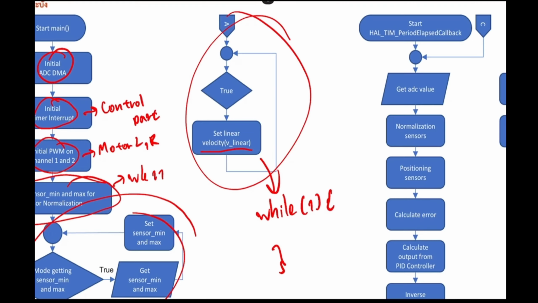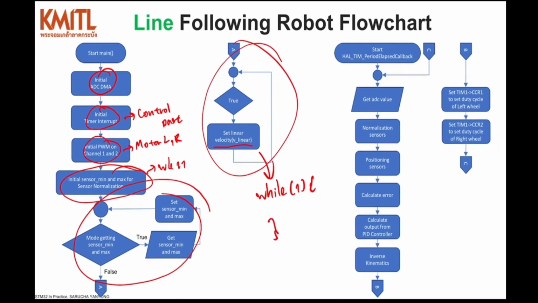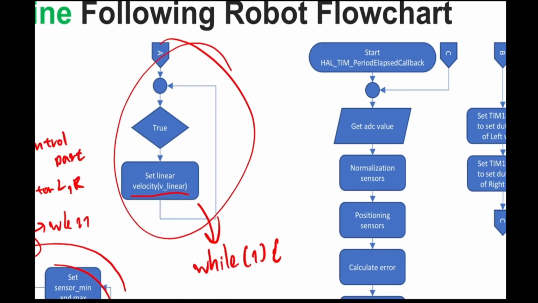To make a robot move, if your robot is not good, okay. This is a robot and you have two wheels, right?